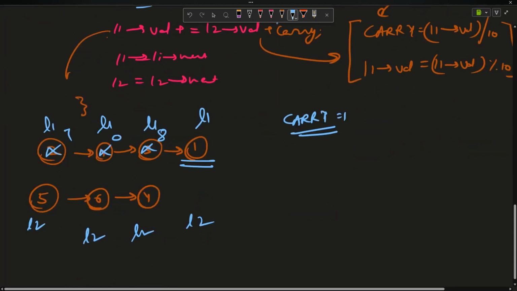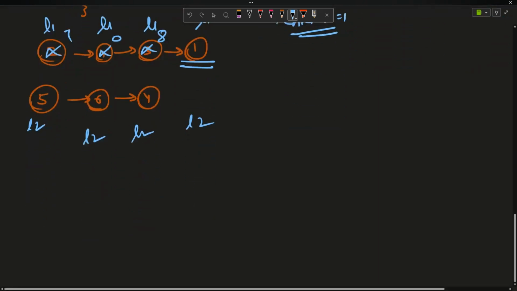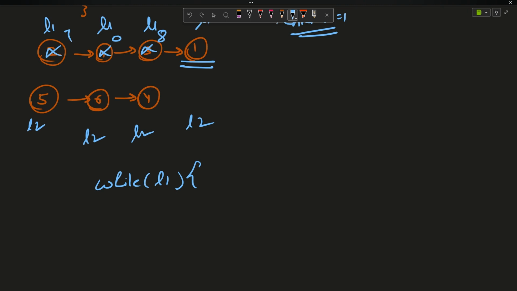But this operation is still to be covered. So for that, we will have to use 2 extra loops. I will say while L1 is still not null, L1 is still remaining. What will I do? L1 value plus equals carry, because there is no L2 left, I will only have to add carry.